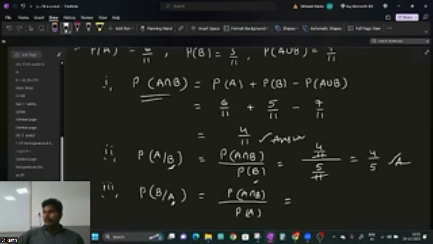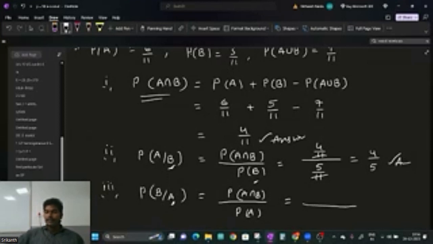In the same way, first A happens, and after that B happens. That is what is called B by A. Always the denominator should happen first, and then the numerator. Such situations are dealt with as conditional events. These are the formulas for calculating the probabilities.